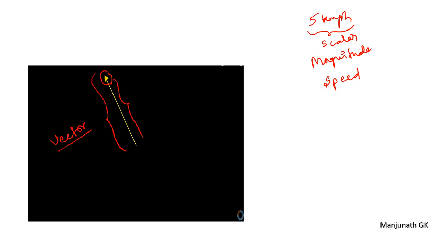Along with a scalar, if you say its direction, for example east, along the east direction the vehicle is moving at 5 kilometer per hour, then a direction is also added along with its magnitude, and it is called a vector.